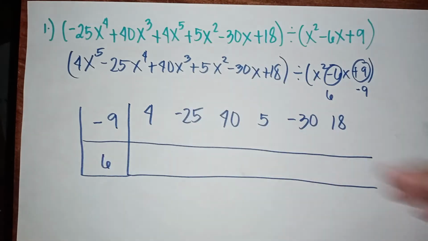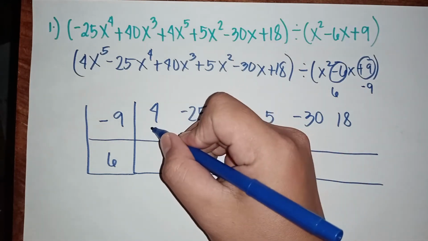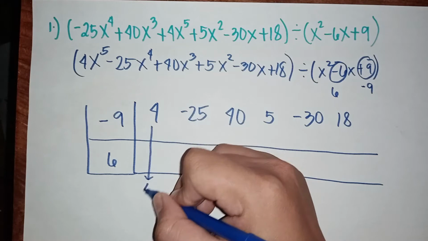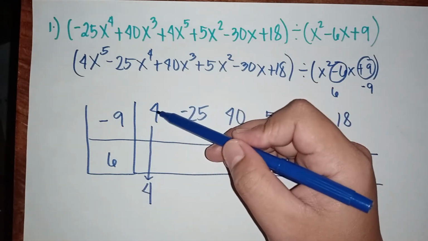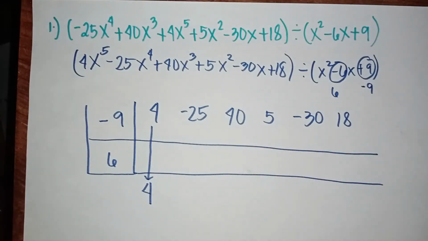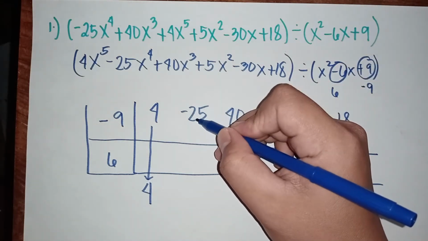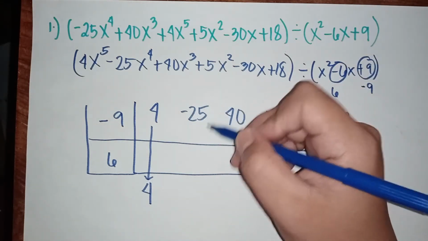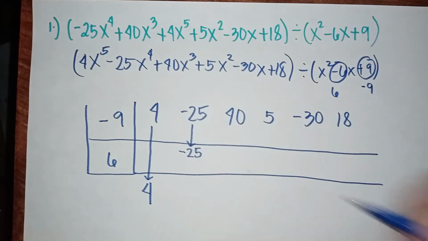Lagay natin dito yung positive 6. Next, yung unang gagawin natin is we're going to bring down 4. Yung first entry ng dividend o yung leading coefficient ng dividend, i-bring down lang natin. And next, yung coefficient ng second term ng ating dividend, i-bring down natin hanggang dito lang sa second row.